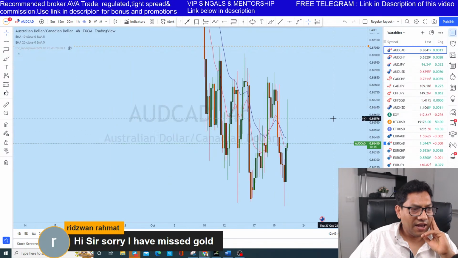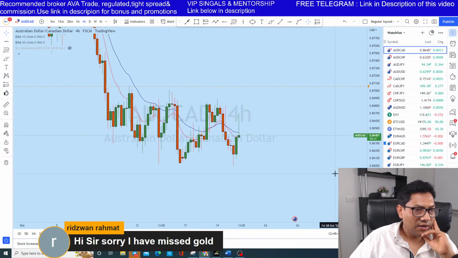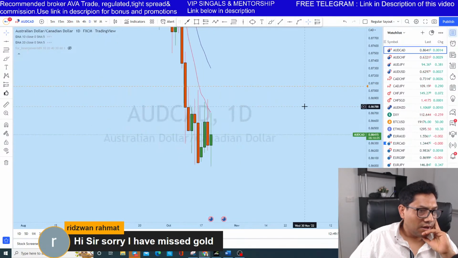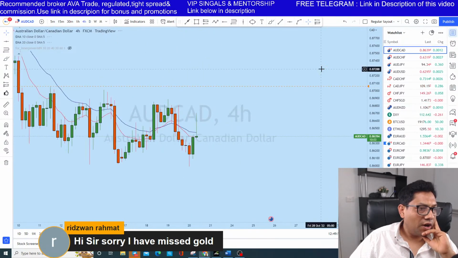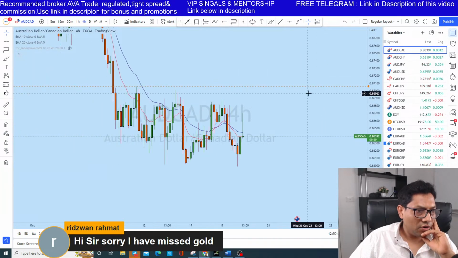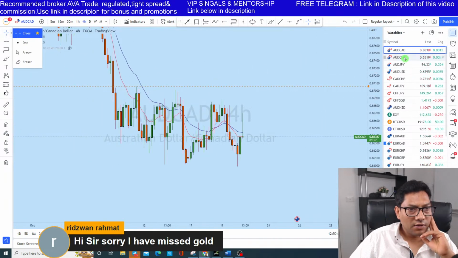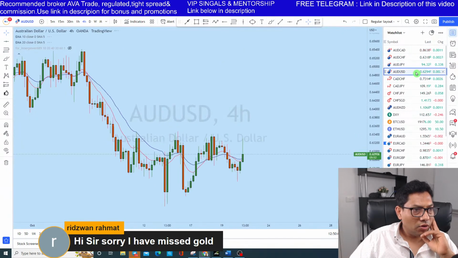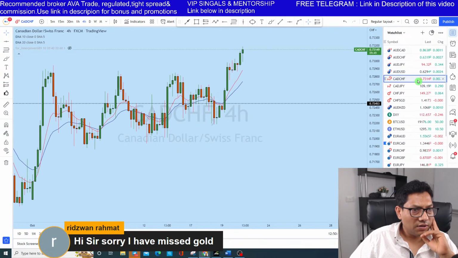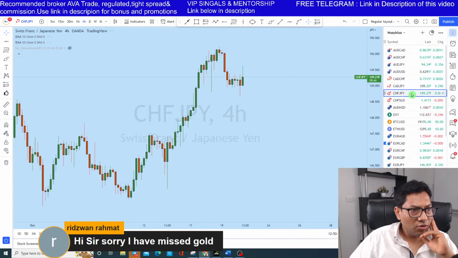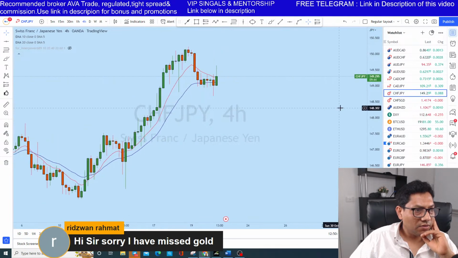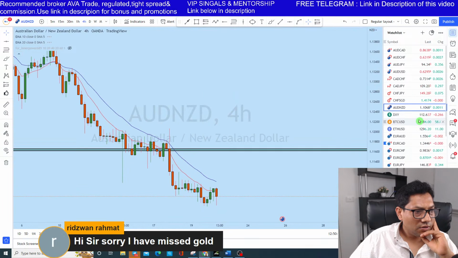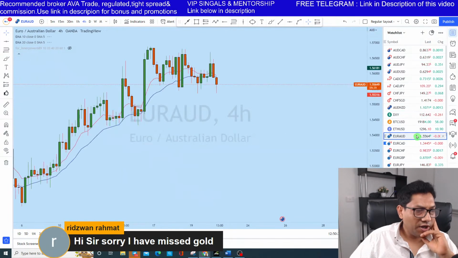Okay, Aussie CAD. There is a big spike from this zone. I think Aussie is preparing for a drop. Aussie dollar, CAD, CHF. I'm just looking at all the pairs, guys, to see who is doing what. We may be able to open a trade.